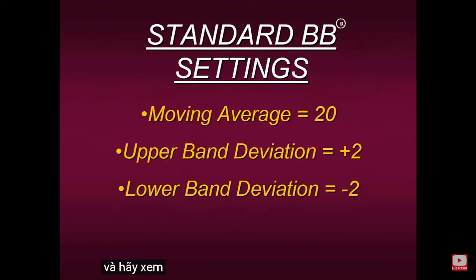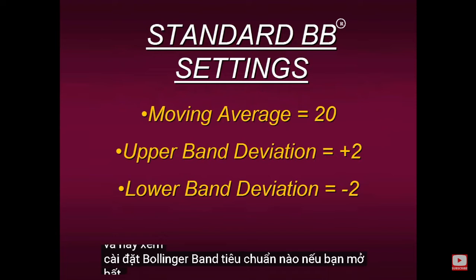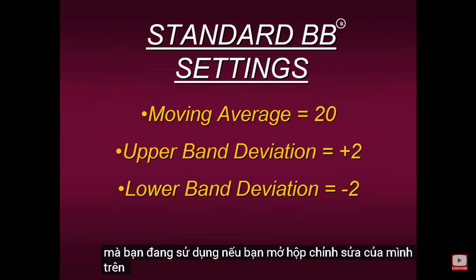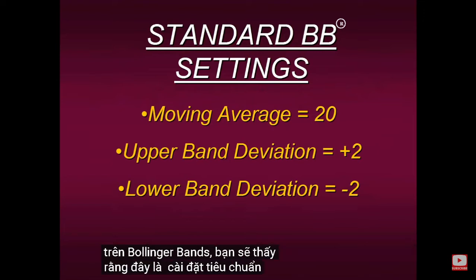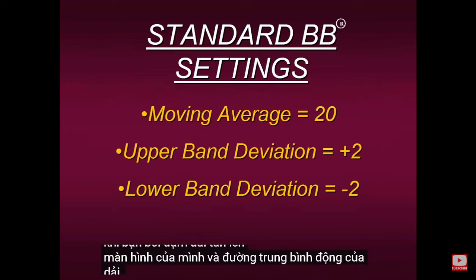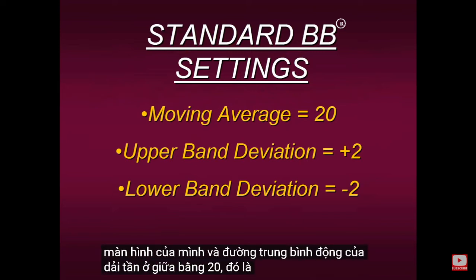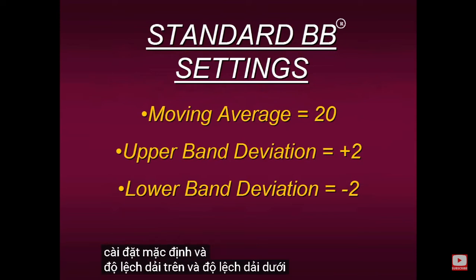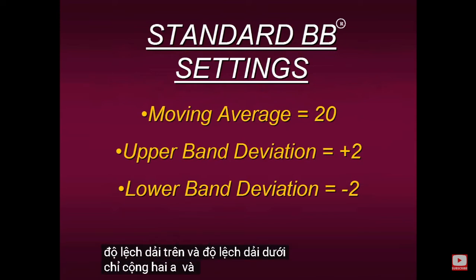Let's look at the standard Bollinger Band settings. If you open up whatever charting platform you're using, if you open up your edit box on the Bollinger Bands, you'll see that these are the standard settings once you apply Bollinger Bands to your screen. A moving average, that's the middle band, equals 20. That's the default setting. And the upper band deviation and the lower band deviation are just +2 and -2.